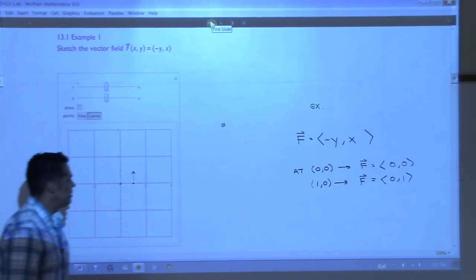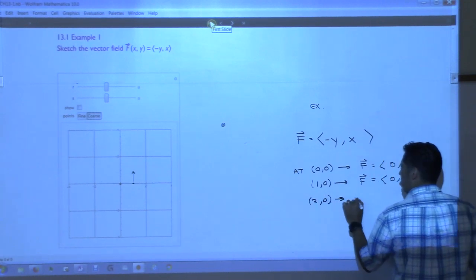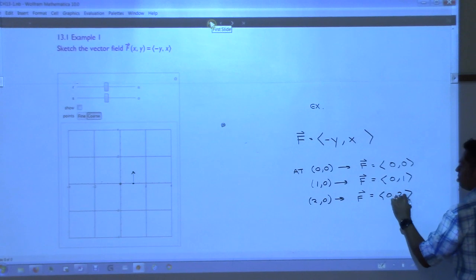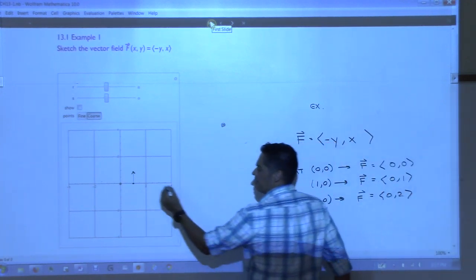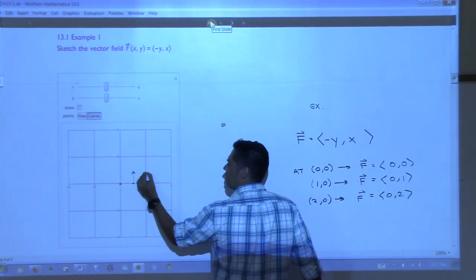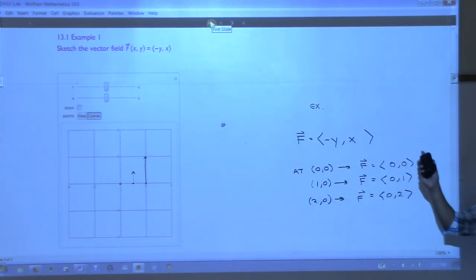How about at (2, 0)? What's our vector going to be there? ⟨0, 2⟩. As I go out to the right, the vector still points straight up but now has a length of 2. And if I went to (3, 0), it would point up 3. That's what's happening along the x-axis.